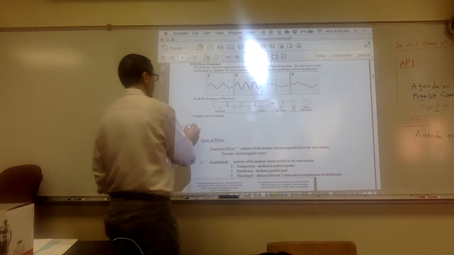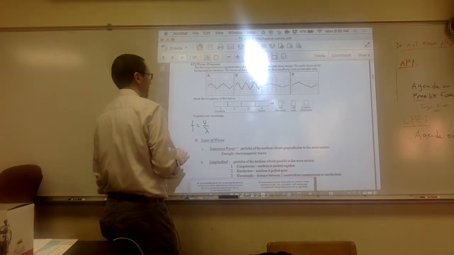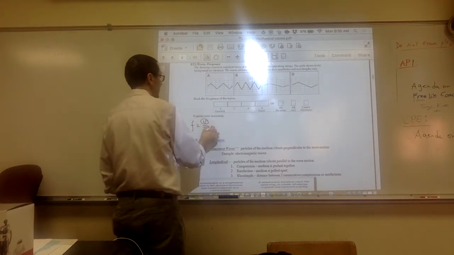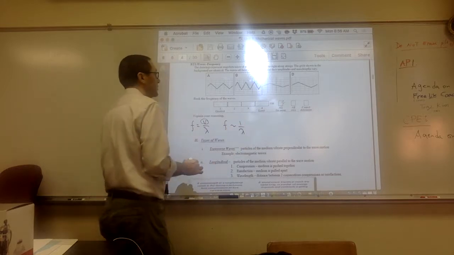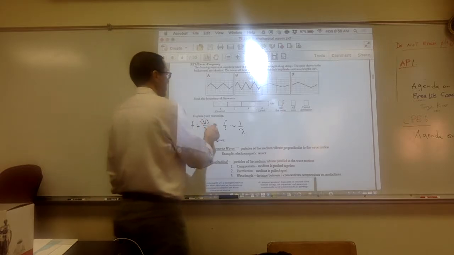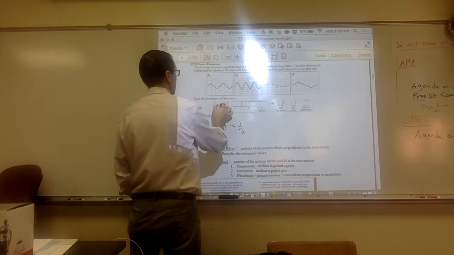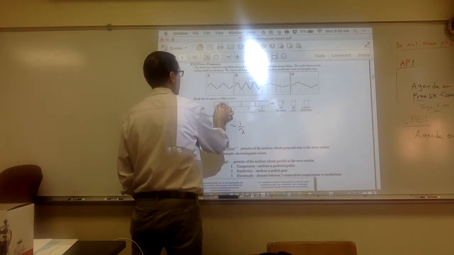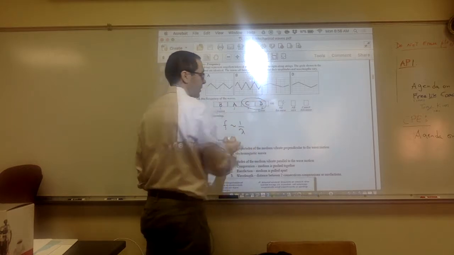Okay, so frequency is speed over the wavelength. Now the speed is the same, which means that frequency is inversely proportional to the wavelength. So the one with the greatest frequency is going to have the shortest wavelength. So it looks like it's going to be B first, then A, then C and D will come last.